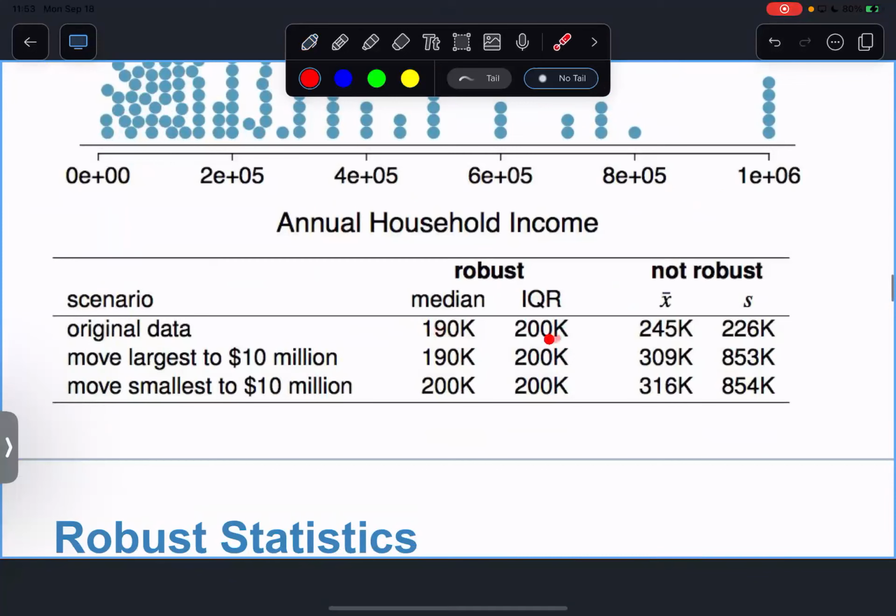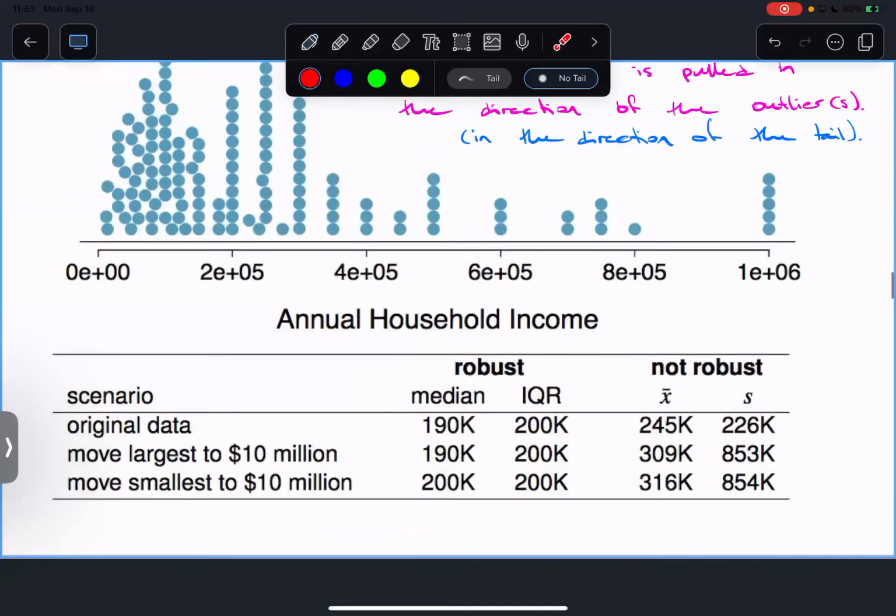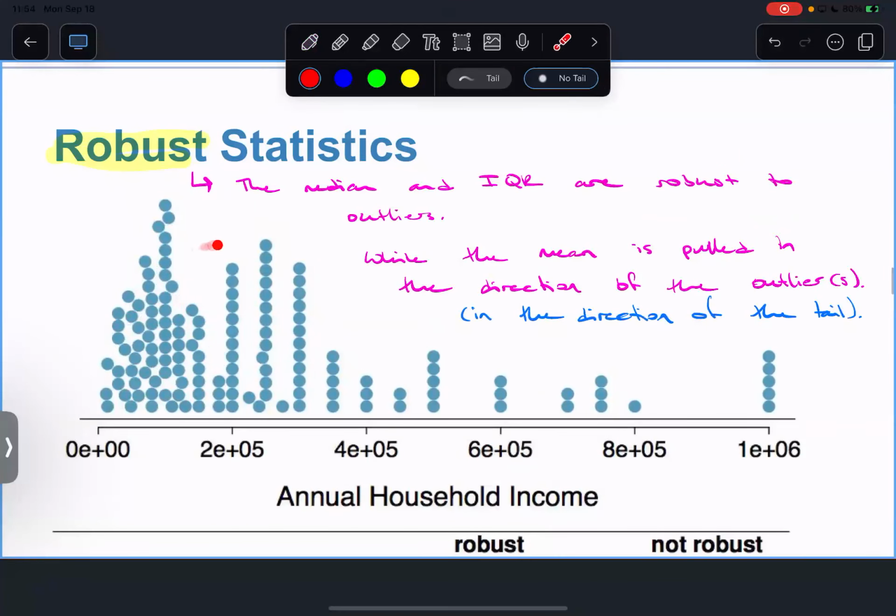So if we just look at the numbers, we don't need to see, but what we would expect given this distribution, right? If I'm looking at the mean versus the median, I would expect the median to be somewhere in the lump here, just kind of hanging out, usually around the mode, right? And I would expect the mean to be slightly higher, right?